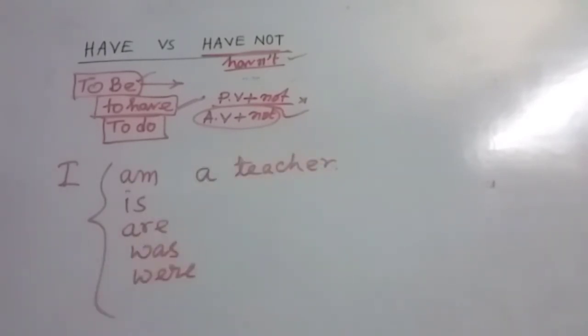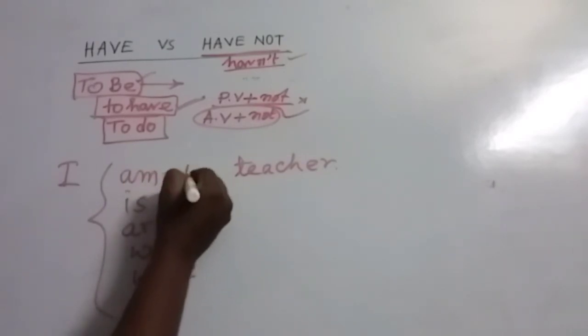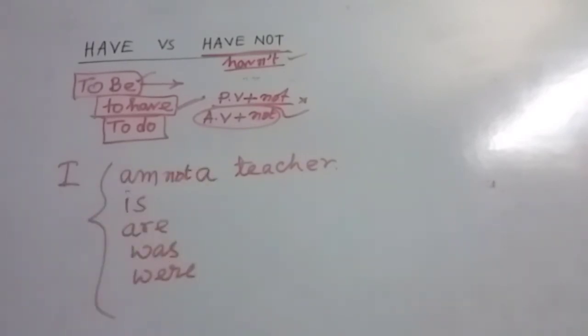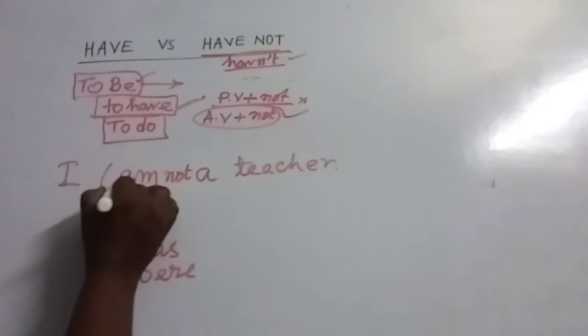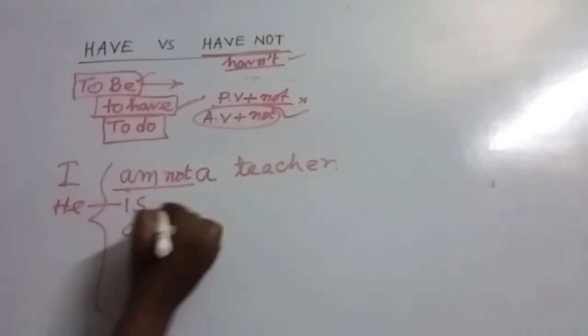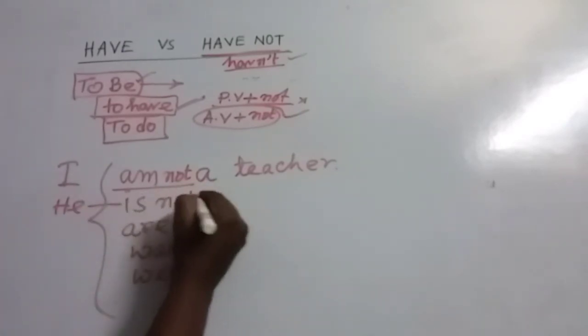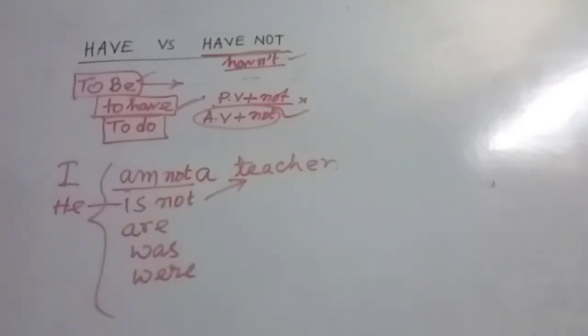For making it negative, you can write not with it. I am not, or I amn't. You can write the contraction. Or here you can write he is a teacher, or he is not a teacher. There is no such problem.